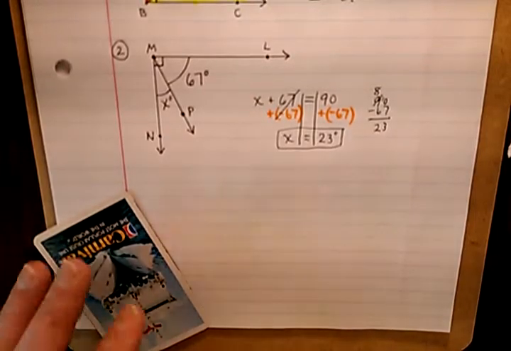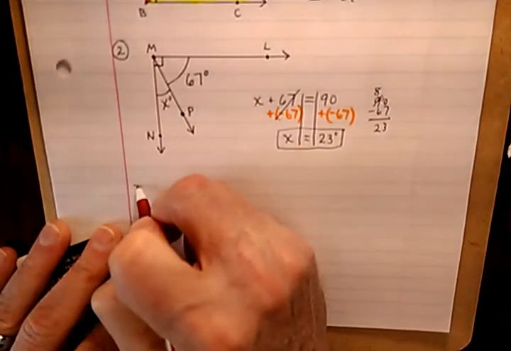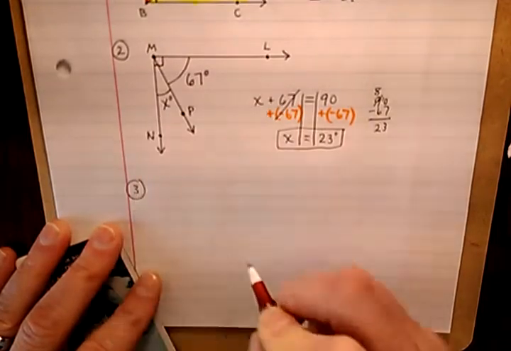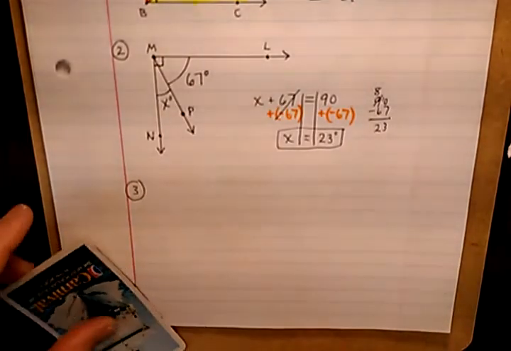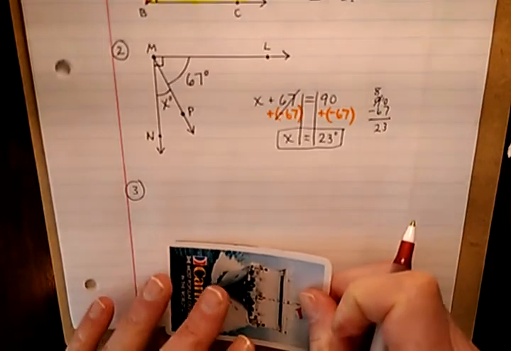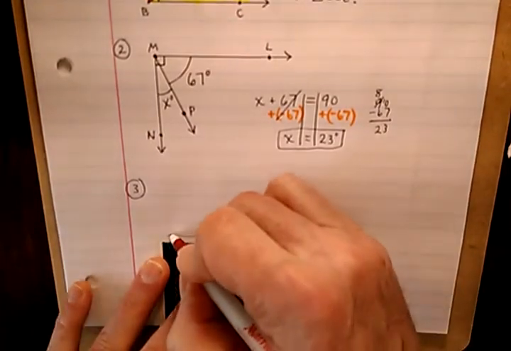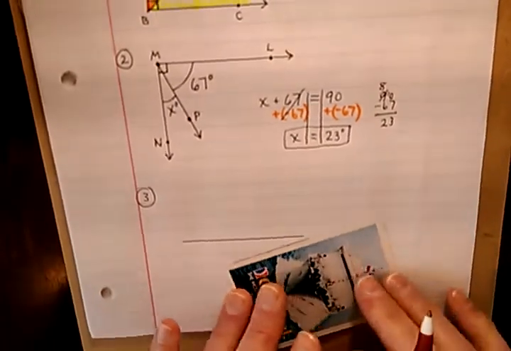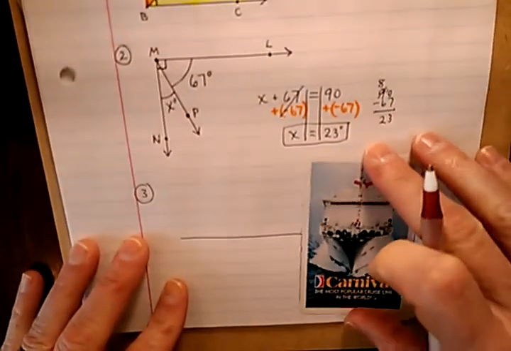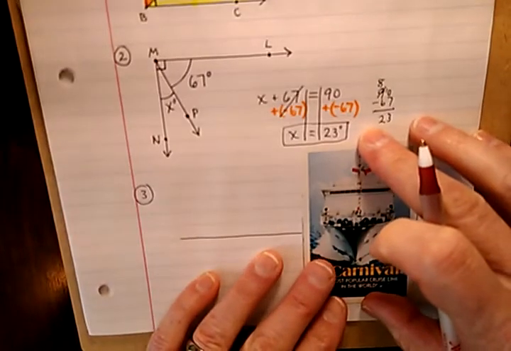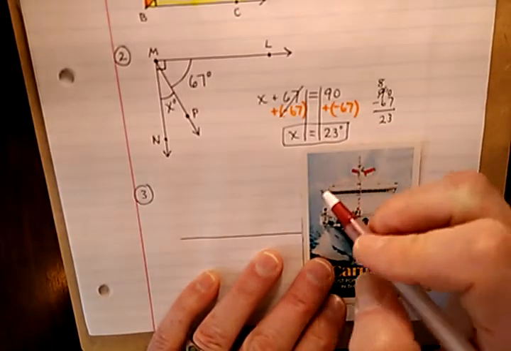All right, let's do one more problem. Number 3. Okay, this time we're going to do a line going this way and a line going up on this side, straight up, so that it's a 90 degree angle.